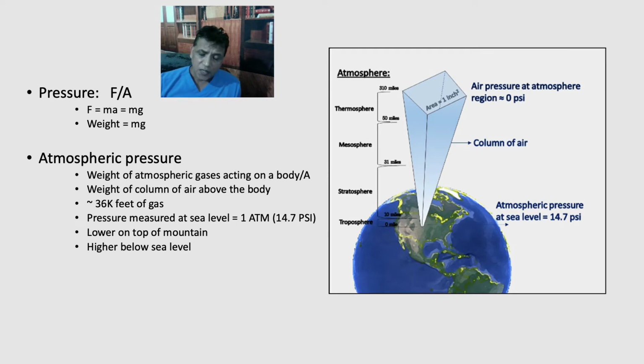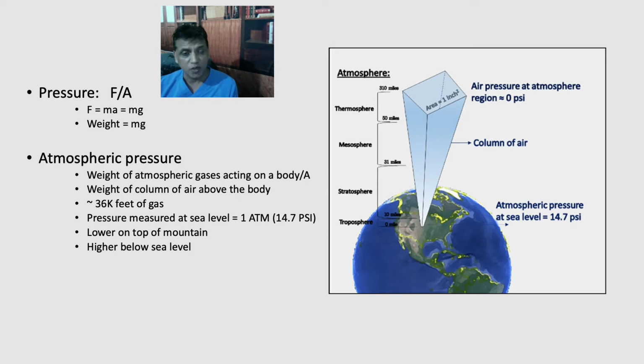Now, atmospheric pressure has a reference point at sea level. Why? Because it will vary with elevation. Imagine you go on top of a mountain. If you go on top of a mountain, the height of this skyscraper will be reduced. So the weight of gases acting on your body will be lower.